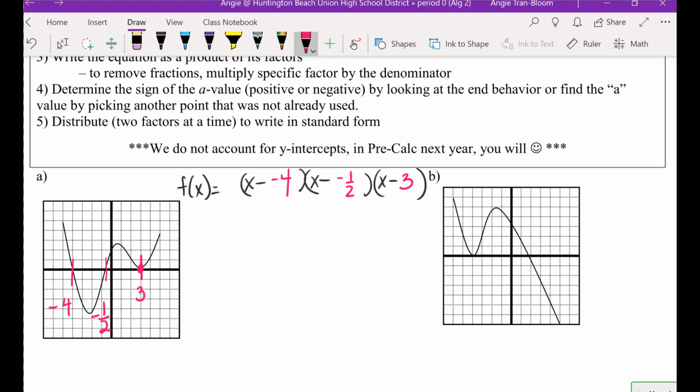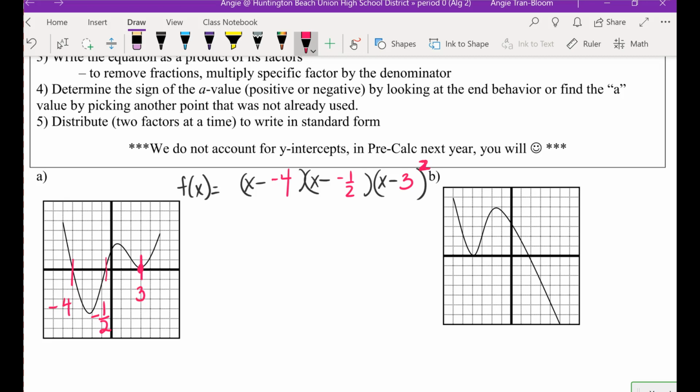So should you leave it an even power or an odd power? An odd. What's your favorite odd number? 1. So do I need to write anything there? No. And then negative half, crosses or bounces? Crosses. So again, what power is that? It's an odd, right? But at 3, bounce. So what power do you want? 2. You're right. Power of 2.